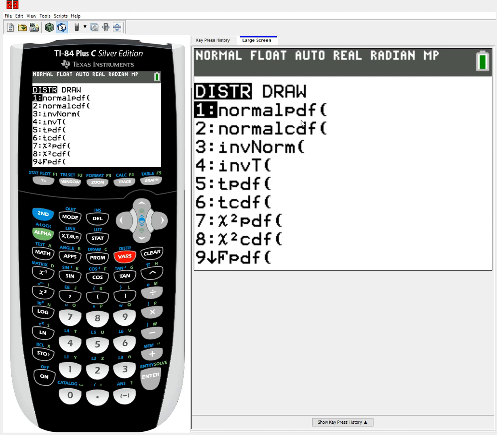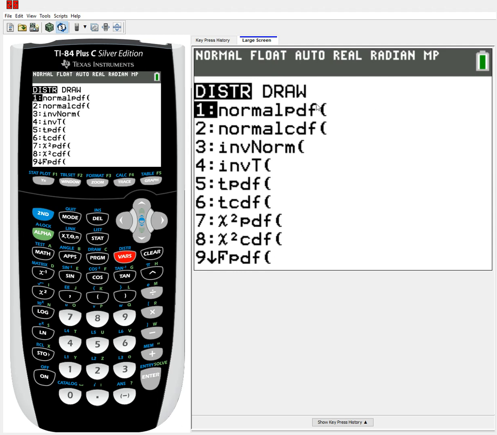And inverse norm is going to be used to kind of reverse that. So inverse norm and normalcdf are opposites. Inverse norm is going to be able to find the z-score relative to a probability found for the left side. You'll see what I mean in a moment.